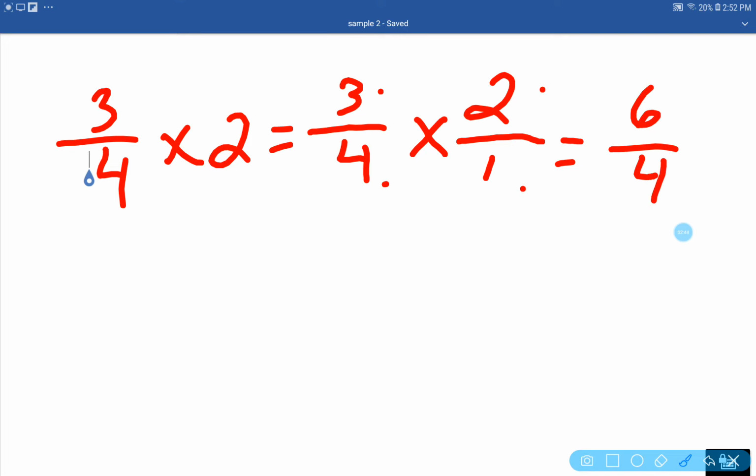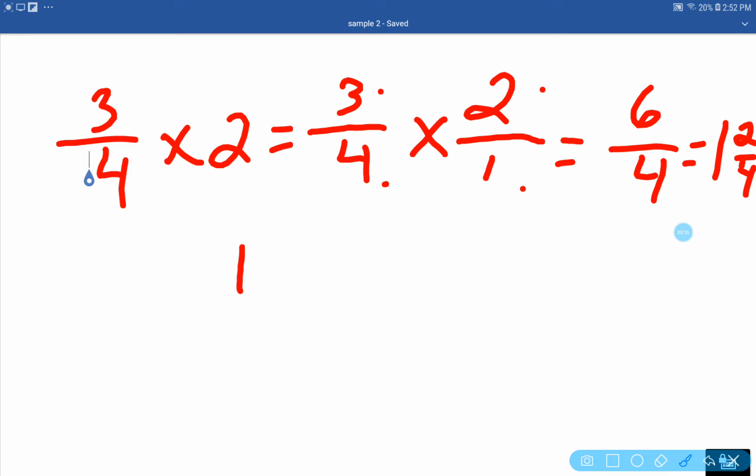Looking at that answer, it is an improper fraction because our number is larger at the top. So what we have to do is change that to a proper fraction. So 4 into 6 goes 1 time, leaving 2 remaining. I'm going to put that 2 over that 4 from the original. Now looking at that, we still have some work to do because that 2/4 can be reduced down.